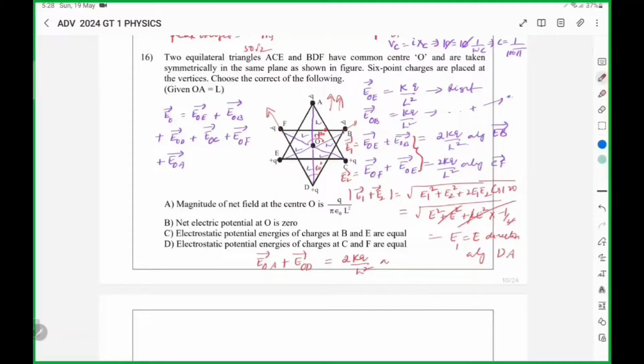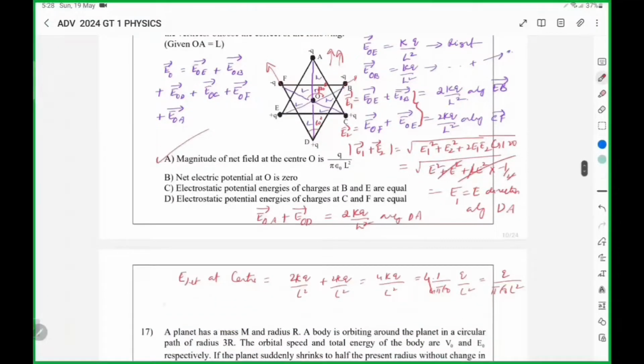So now the net electric field at center is 2kq by L square plus 2kq by L square, because both are in the same direction, that is 4kq by L square. Here you know that K is 1 by 4 pi epsilon naught, so Q by pi epsilon naught L square. So the first option is correct.